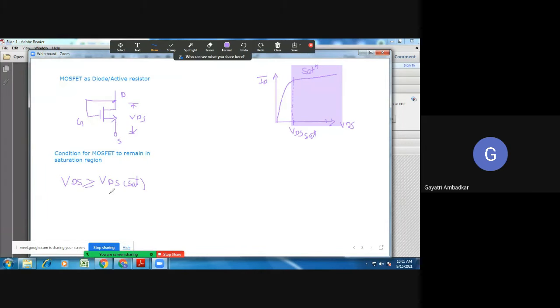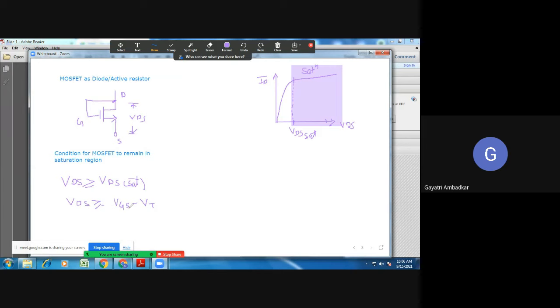Now, what is the value of this VDS sat? It is equal to VGS minus VT. Okay, so I'll write the value of VDS sat equal to VGS minus VT, where VT is the threshold voltage.